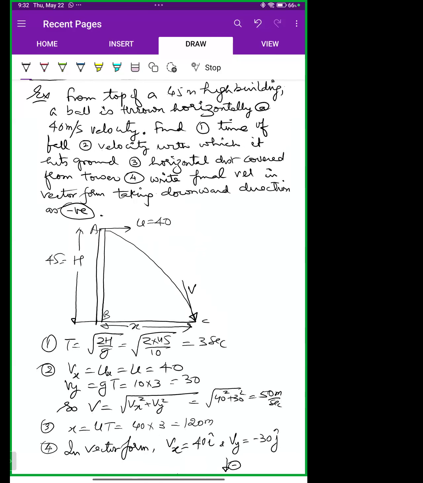So for V, I use the formula V square is equal to U square plus 2gh.